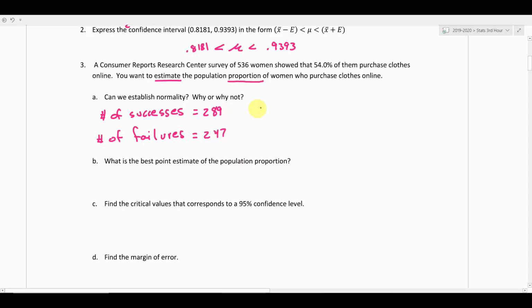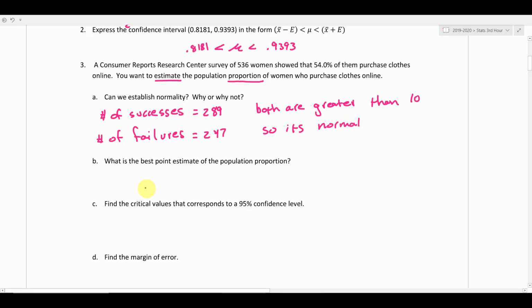All right, so both were greater than 10. And that means that the sampling distribution is going to be normalized at that point. It's big enough to be normalized. Okay, so this is just a normality check.